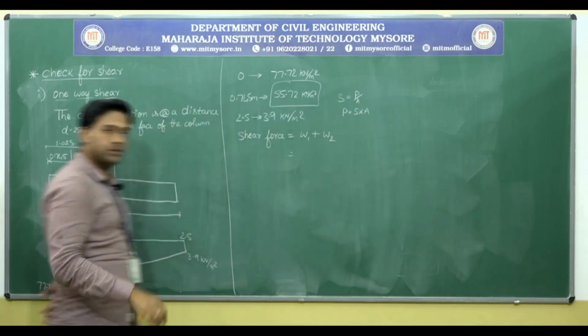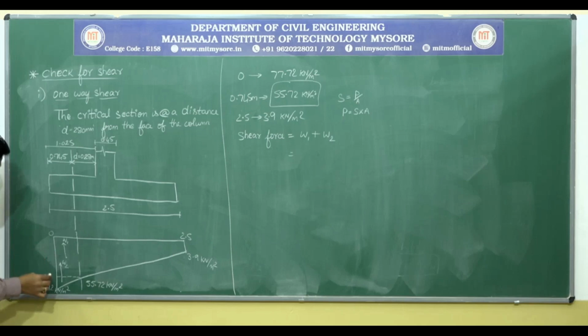Before that I want to calculate this distance also. So 77.72 minus 55.72. Don't you think that it's 22? So it's 22 kilonewton per meter square. Okay, I got each and every single value here.